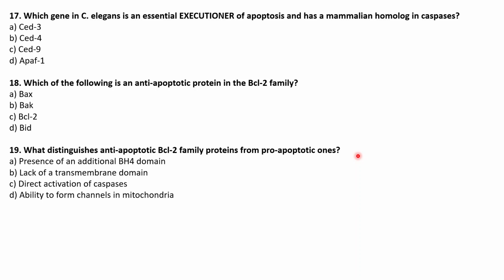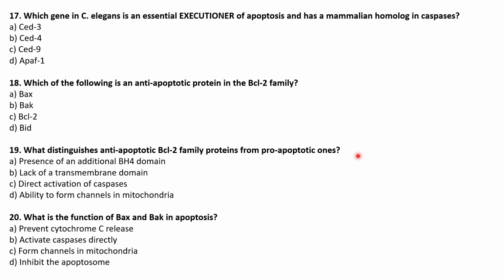Yes, great. So the answer is A, presence of an additional BH4 domain. Anti-apoptotic proteins of the BCL2 family have a BH4 domain along with the BH3, 1 and 2 and the transmembrane domain. Pro-apoptotic ones only have BH3, 1 and 2 and the transmembrane domain. So that is the correct answer, option A.